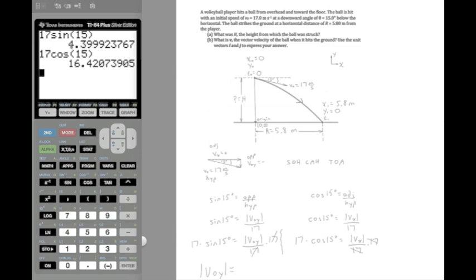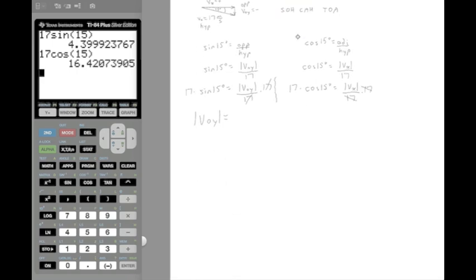So this rounds off to 4.40. I'll just write that as 4.4 just to keep the math a little bit simpler. And over here, we'll round this off to 16.4.